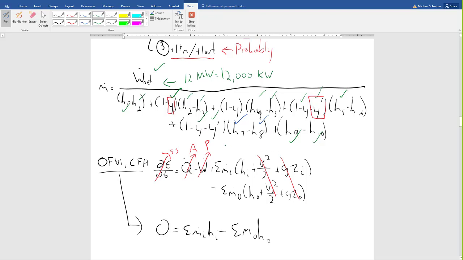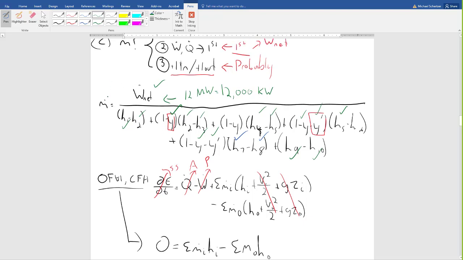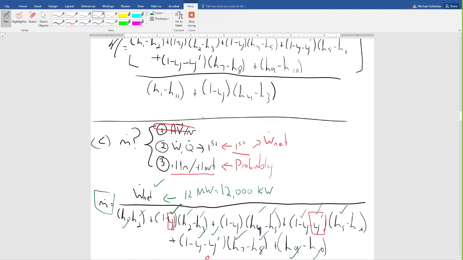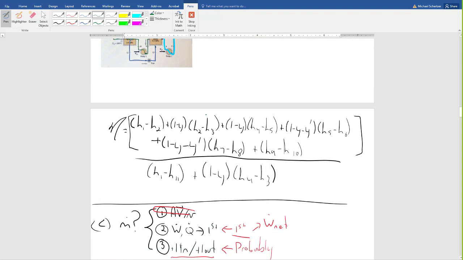Check that your pump numbers, these last two numbers are pumps, are negative and these turbine numbers are positive, but this will give me my mass flow rate, right? And then I can put all of that into this monstrosity of an equation over here, and I can get my thermal efficiency. Right?